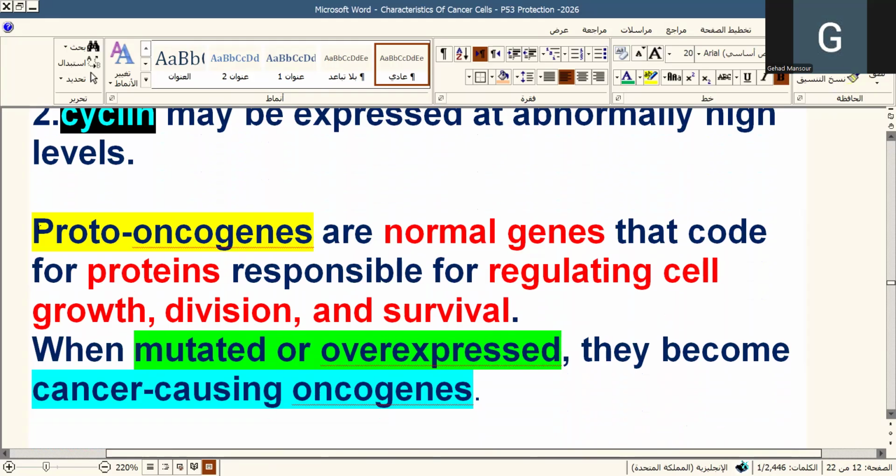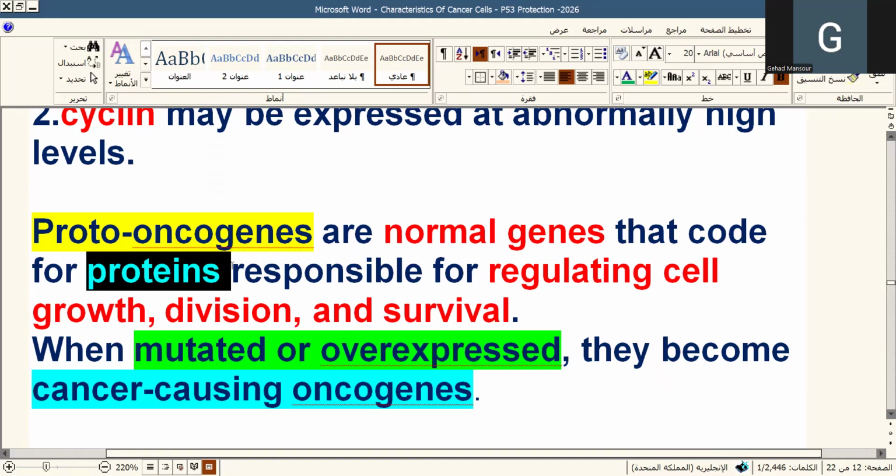What are the proto-oncogenes? The proto-oncogenes are normal genes, and these genes are supposed to code for the cell cycle regulators that regulate the rate of cell growth, the rate of cell division, and the lifespan of the cell.